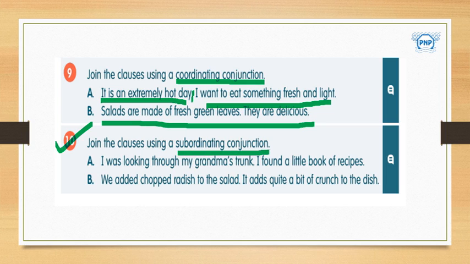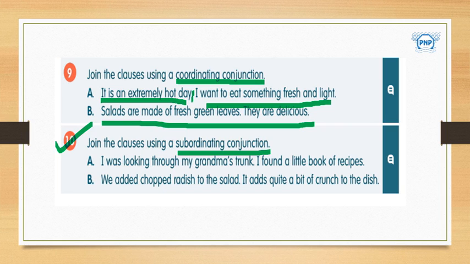Here you have to add a subordinating conjunction. Already we have seen what a subordinating conjunction means. And here you have to do one simple thing: just add a subordinating conjunction, only one word, and join these two separate sentences.